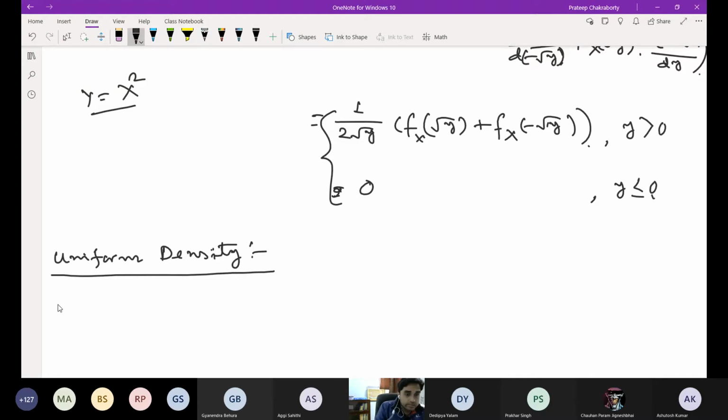So let a be less than b, two real numbers. This uniform density function you have seen before. I'll just give the definition, then you will see.